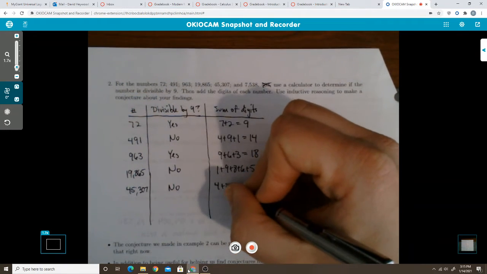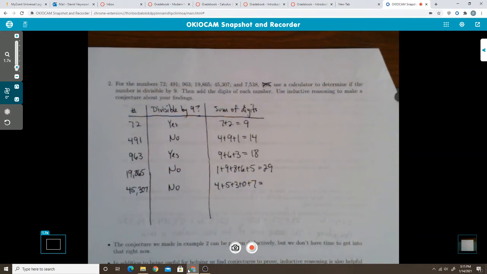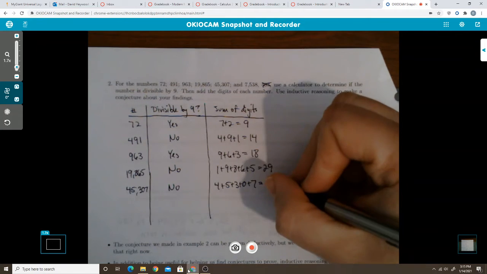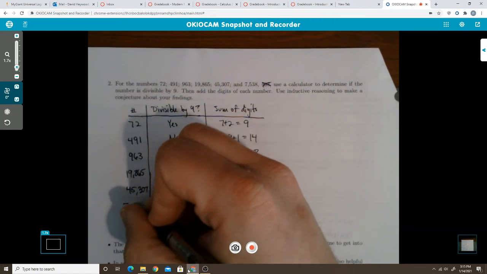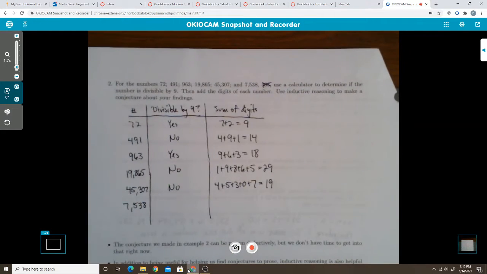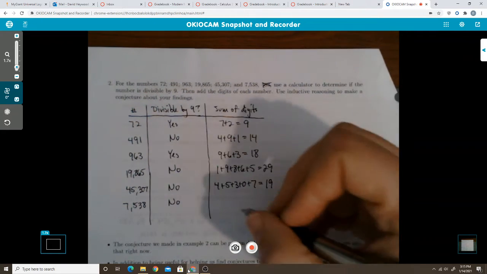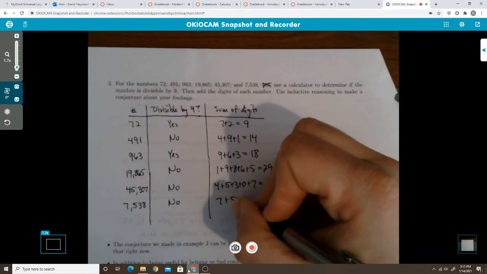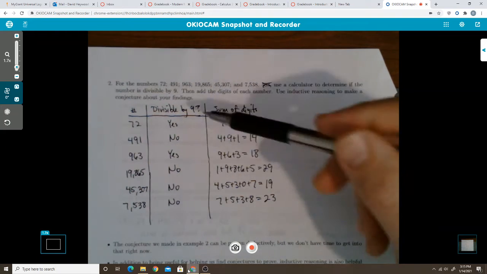And 4 plus 5 plus 3 plus 0 plus 7 is 19. Okay, and then 7,538 divided by 9. That's also not a whole number, so we'll say no. And 7 plus 5 plus 3 plus 8 is 23. Okay, so we've seen a couple examples of numbers that were divisible.